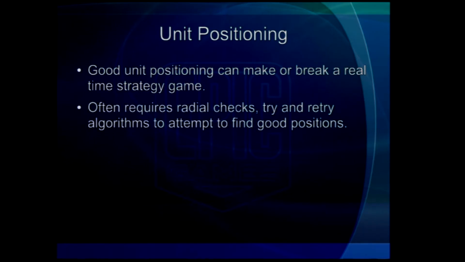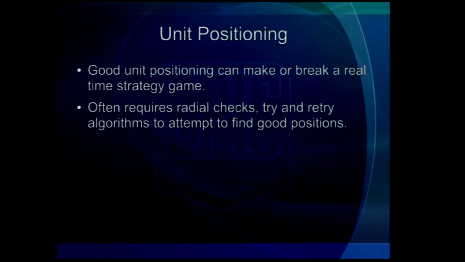What I often do is lots of radial checks. As the unit is moving, he does a fake radius check around himself to figure out what he's approaching. Am I approaching something that's going to kill me? Something friendly that will give me a boost? Or am I going to be walking through an area which will damage me?